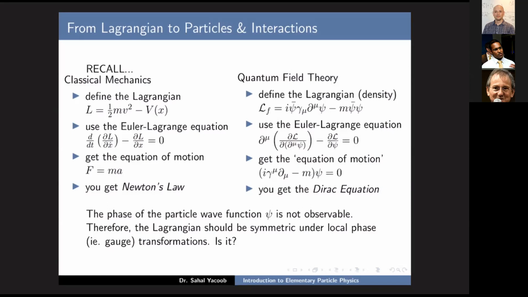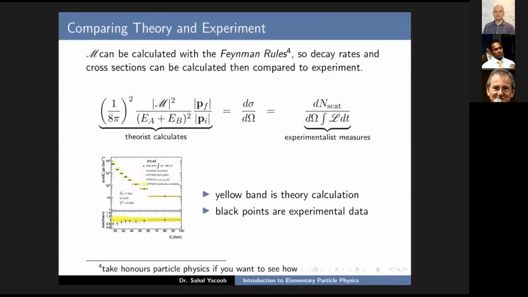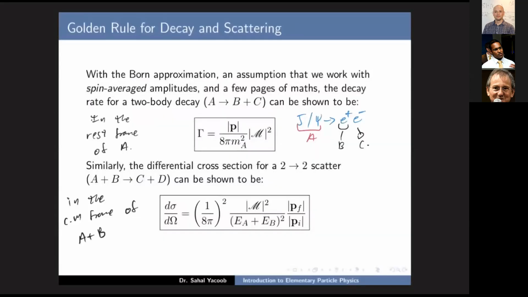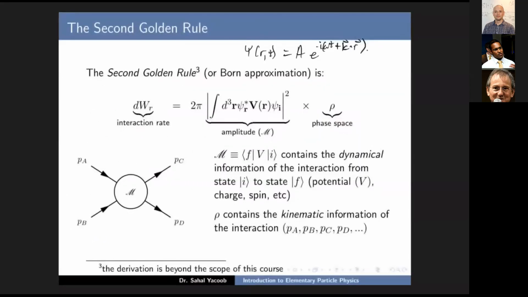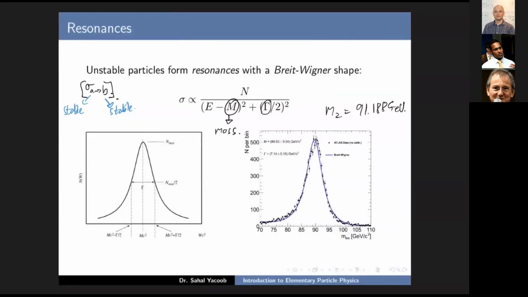So just to confirm, M is the total mass energy of the decay product. On which slide? A couple of slides before. Is it this slide, golden rule for decay and scattering? No, I think it was before as well. Somewhere here, yes.